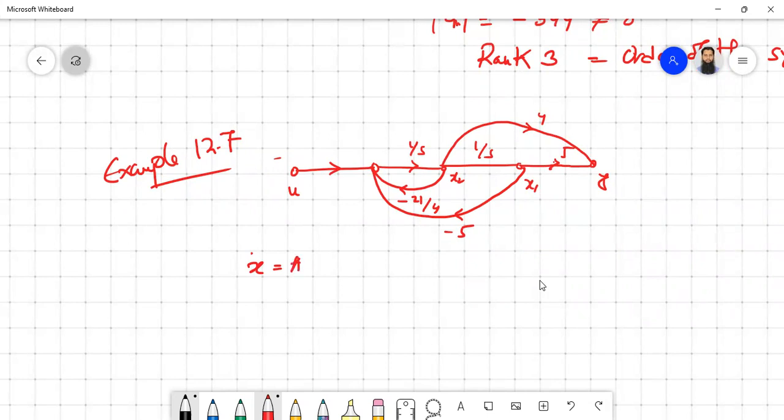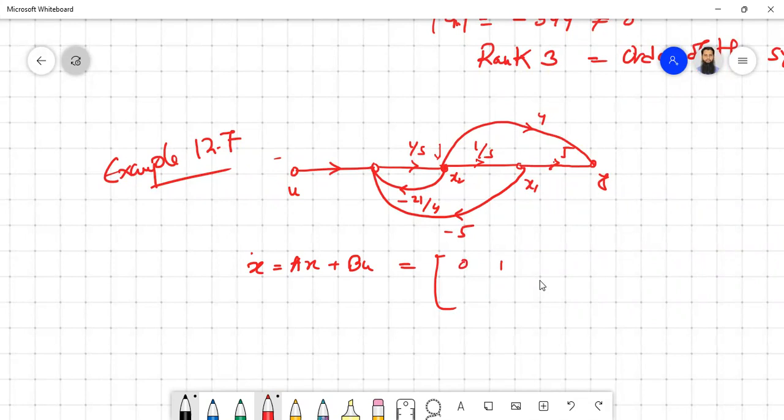Now x1 dot equal to x2, so phase variable form, 0 1.